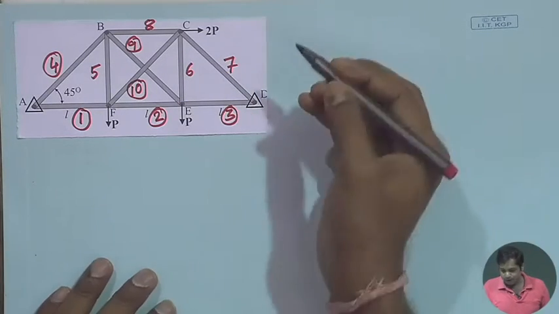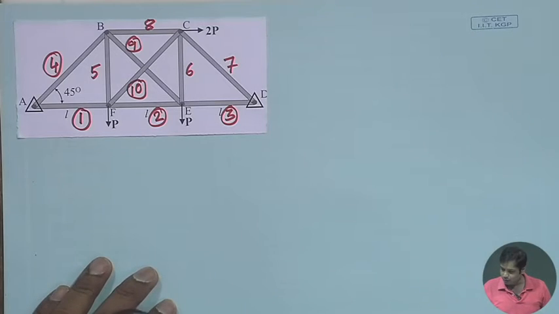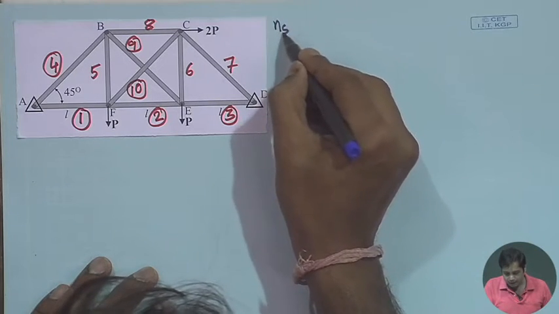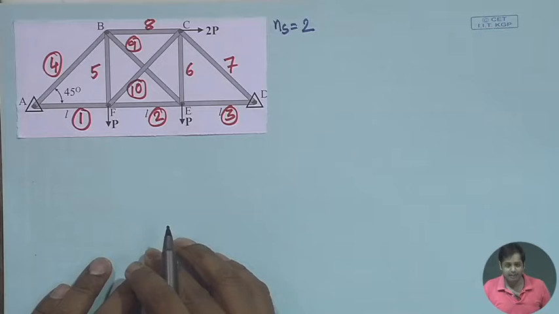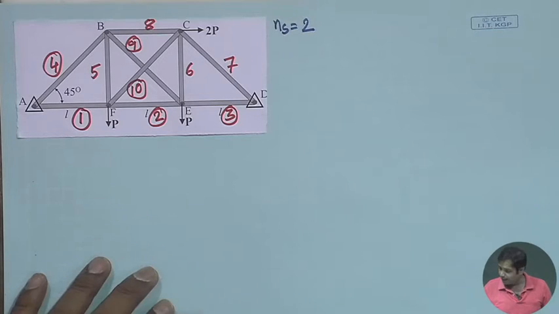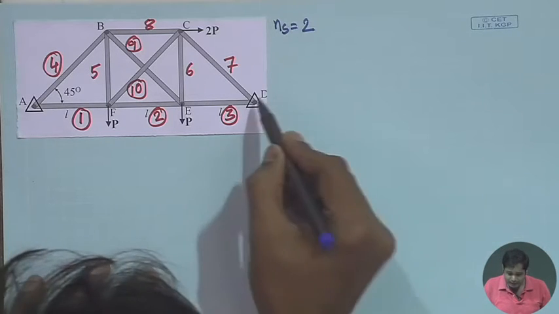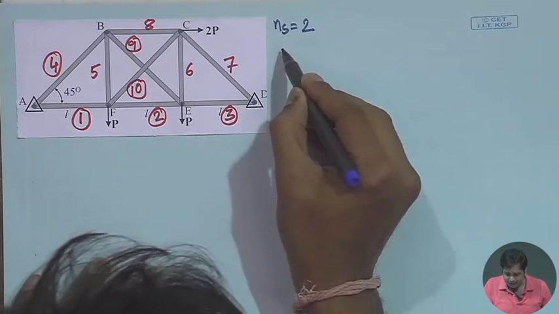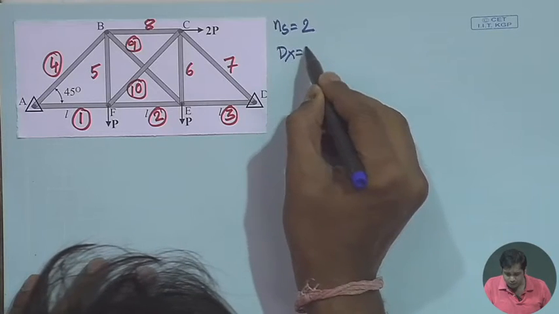So, in this case Ns is equal to 2, one is external, one is internal, and then we take the reaction Dx, say Dx is equal to X1.